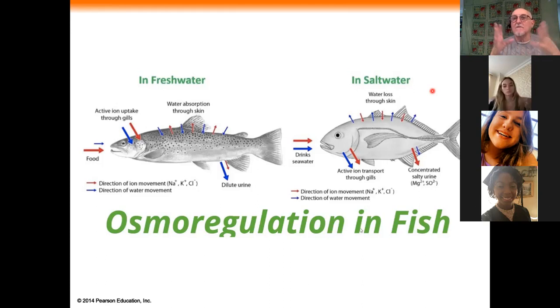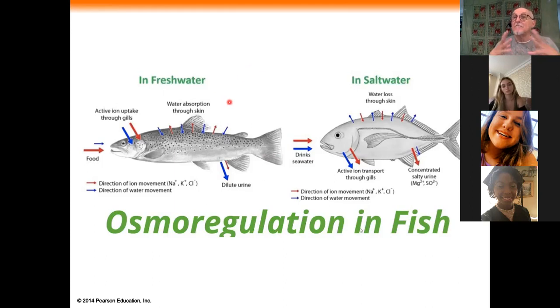We automatically think of fish as being seawater things, and that their body fluids must be the same as seawater. It's not true at all. In fact, they have quite a low solute concentration compared to seawater. So in fresh water, they have to face the same problem that all freshwater animals face.